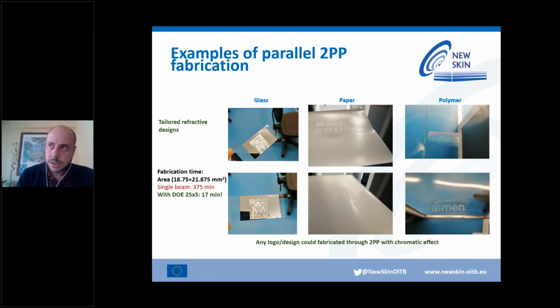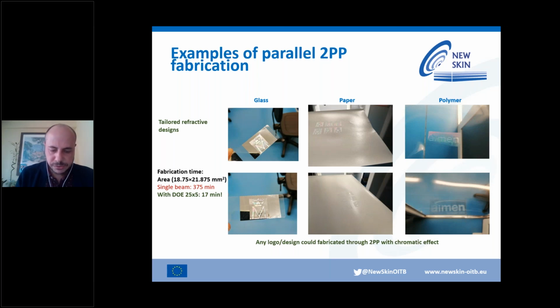By using a dedicated, purpose-designed DOE, we were able to fabricate these logos with a size of 18 by 21 square millimeters in 17 minutes, instead of the 375 minutes that were required to fabricate them with a single beam approach.